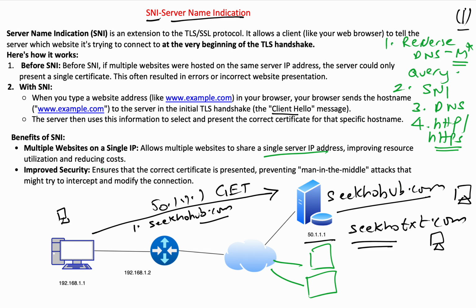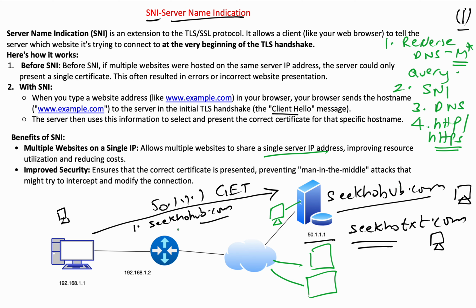Then we have improved security. Since we have one particular server with multiple hosting, I can deploy a single security mechanism on that. Plus, there is no error in the certificate, right?